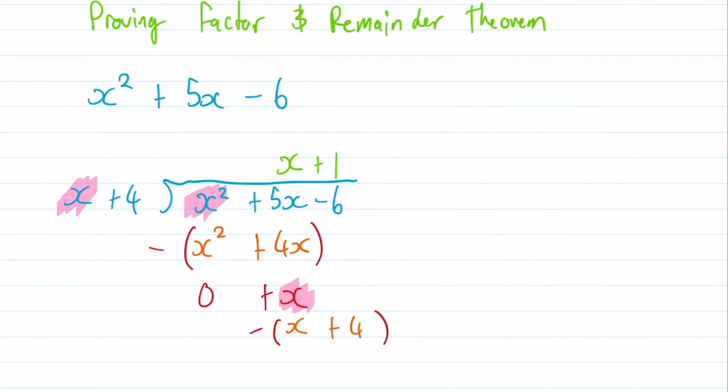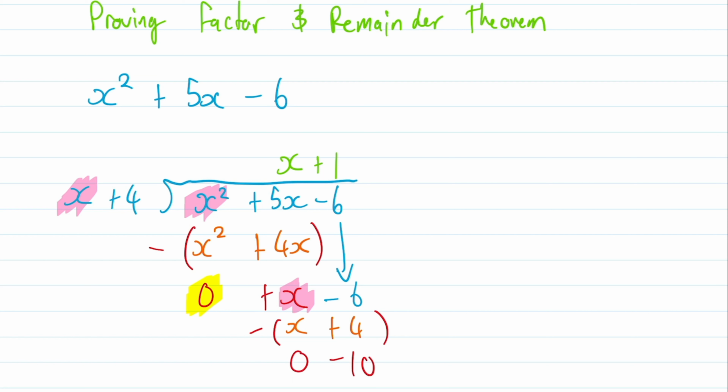Just to refresh our brains, every time I do this process, I should wind up with a 0 term when I subtract, and I get a 0 term here as well. So I'm happy. Now I bring my minus 6 down here. Negative 6 minus 4 is going to give negative 10. So for this particular quadratic, I have a remainder of negative 10.